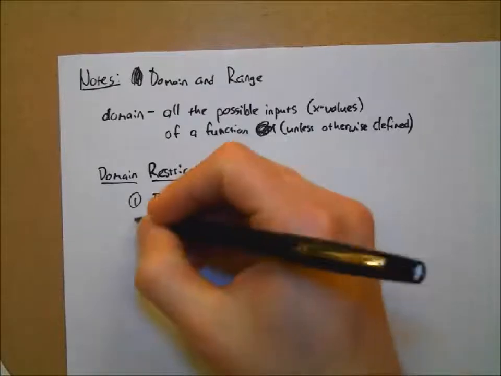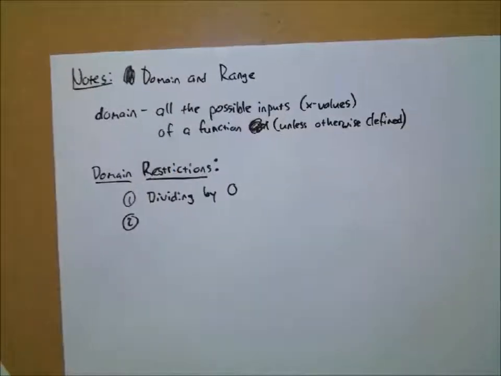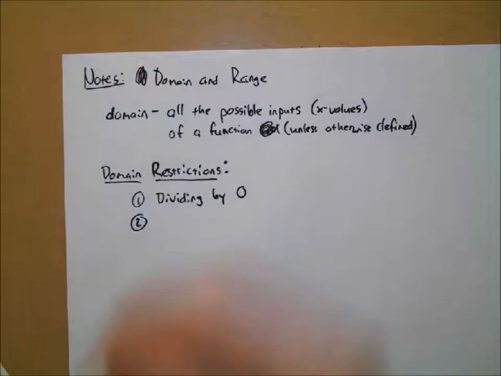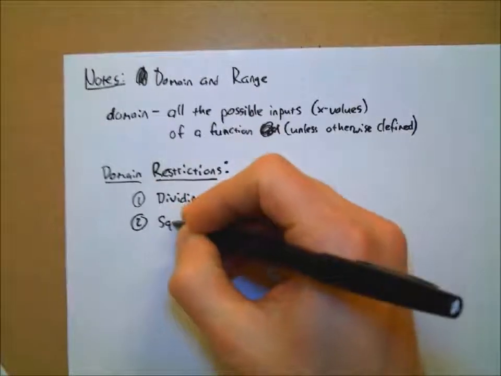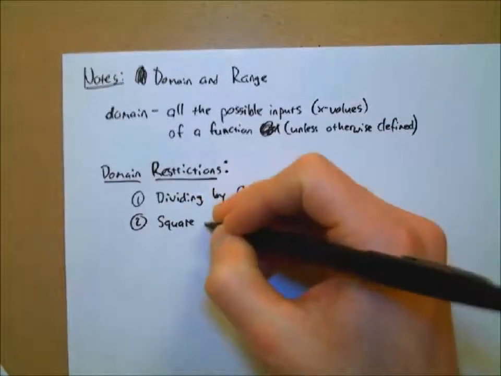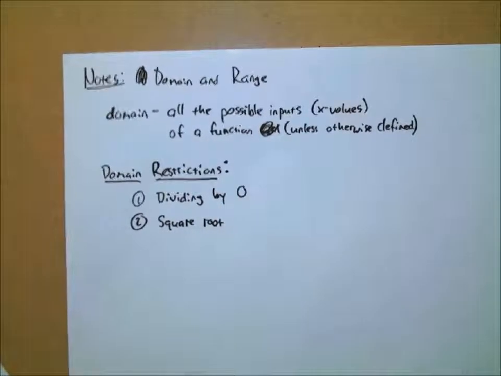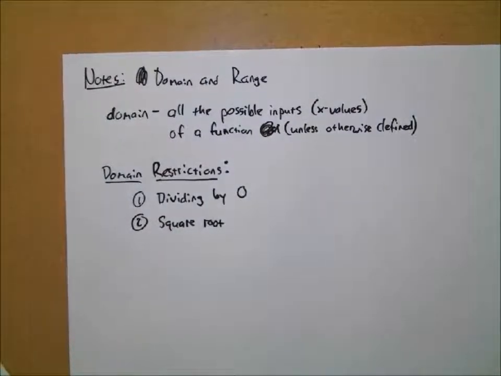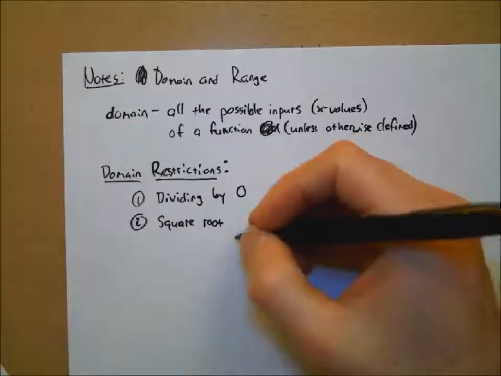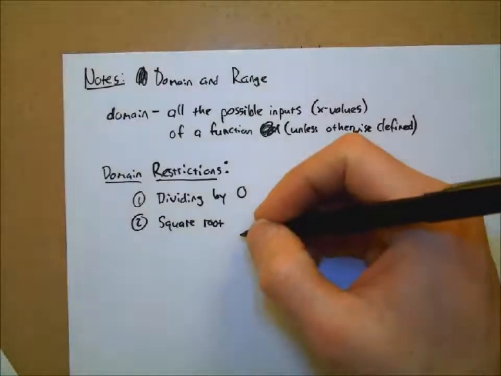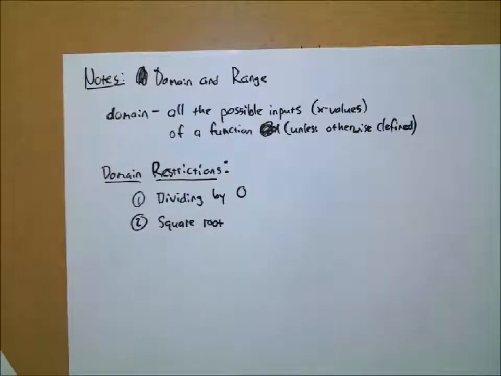Okay? Number 2, we also don't want to take the square root of what? Of a negative number, right? Because that would make the value what? Imaginary, right? Okay. So the square root. Now, is it only square roots that's true for? What about cube roots? Can we take the cube root of a negative? Yes.